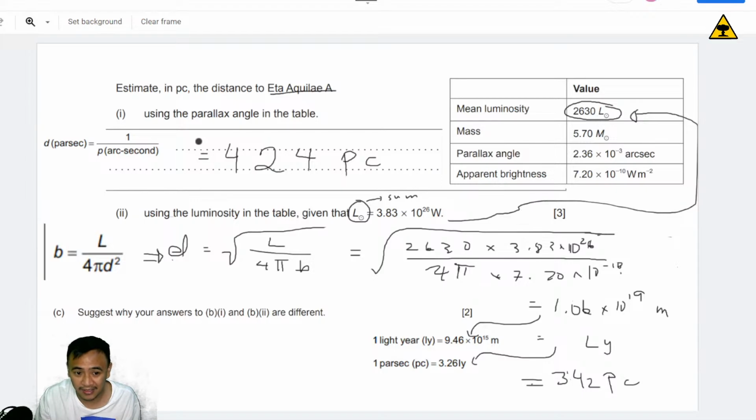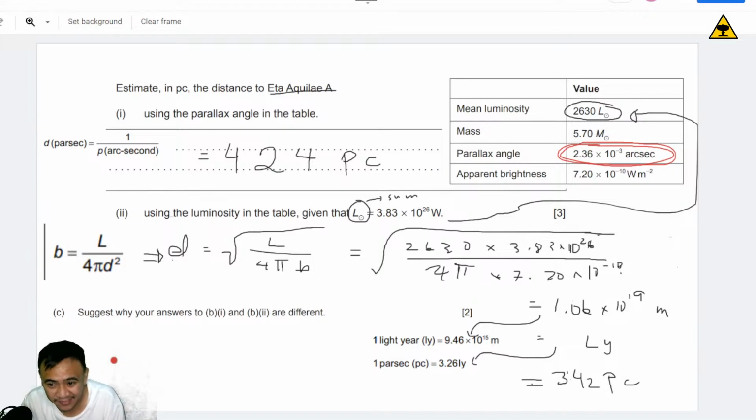I'll give you the most simple answer. Well, I'll show you something that should tell you the most simple answer. Look at that angle. What about the angle? It's tiny. Think about it. The arc second itself is already tiny. Then you go for 10 to the minus 3.